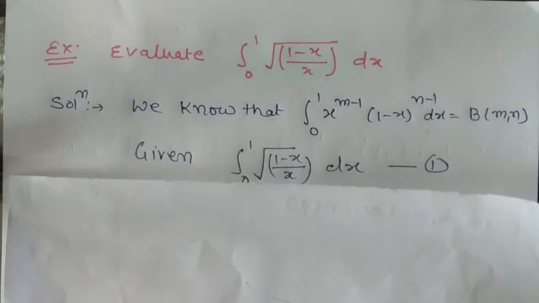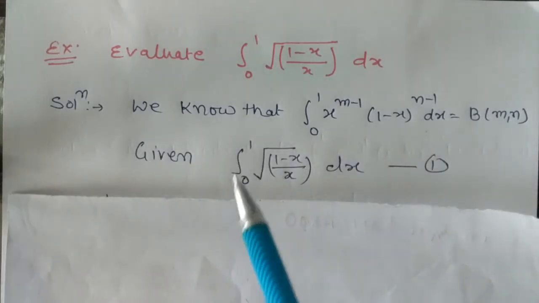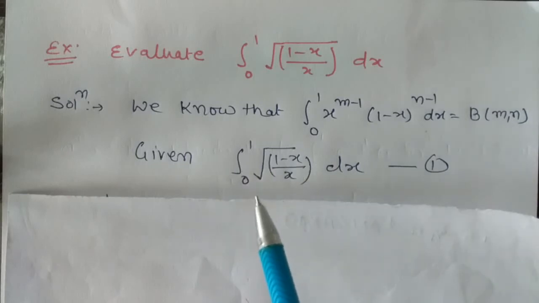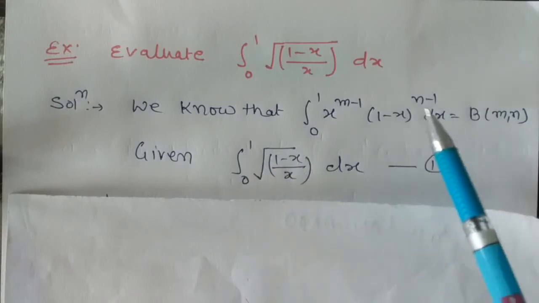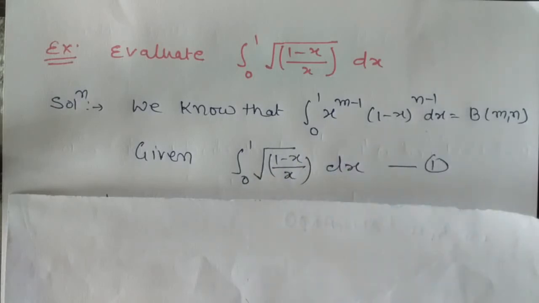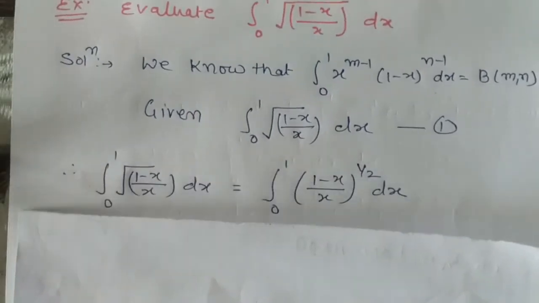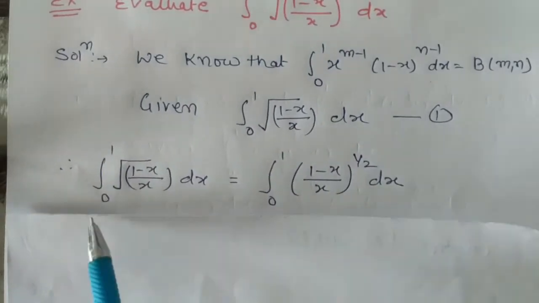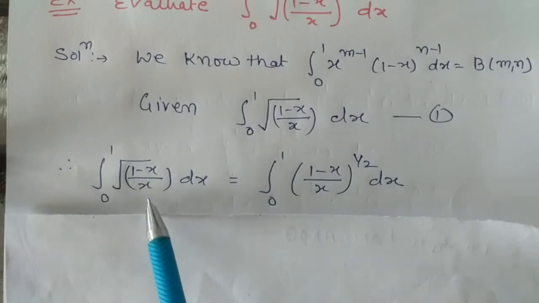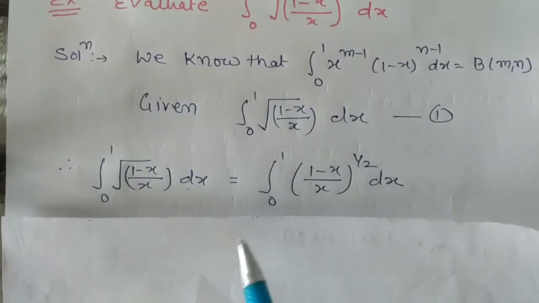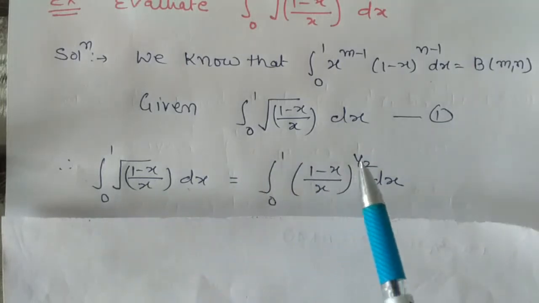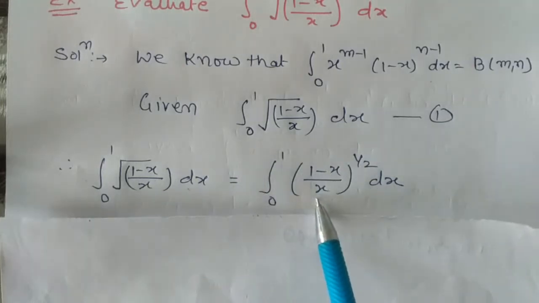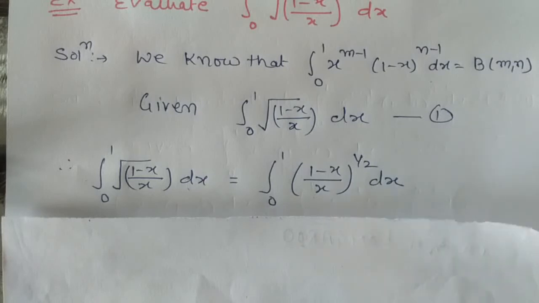And the given integral is from 0 to 1 of square root of (1 minus x) upon x dx. Now we express this integral in the form of a beta integral. The given integral is equal to the integral from 0 to 1, the square root is power half, so we have ((1 minus x) upon x) whole power half dx.